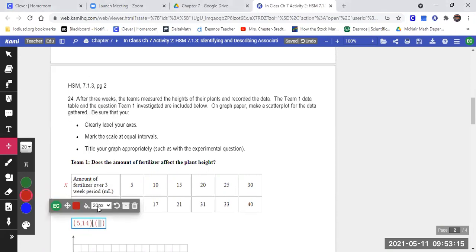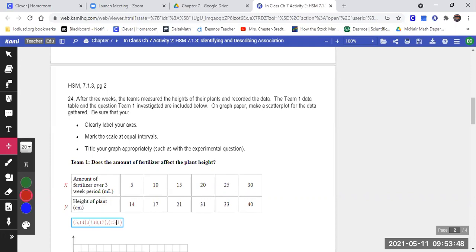After that, what are we going to get? So 5, 14, 10, 17, keep going. We need all these coordinates. Keep going. We need all of the coordinates. 15, 21.